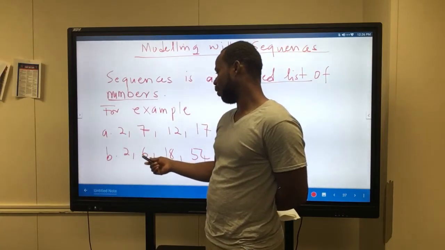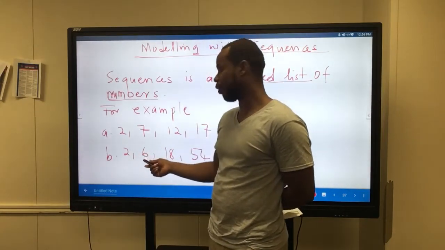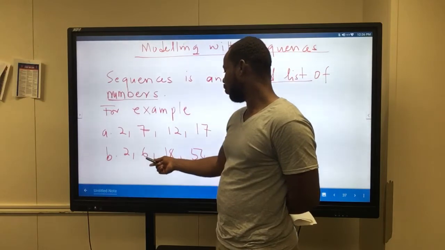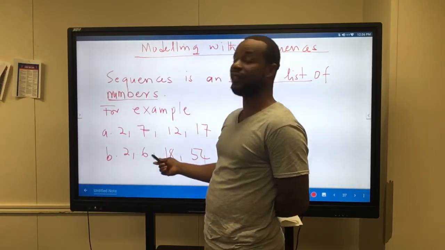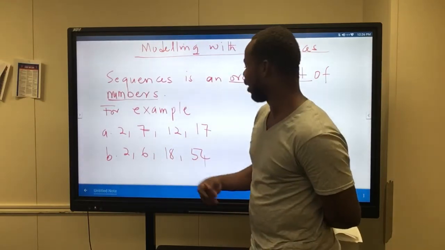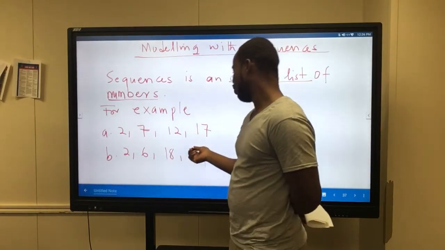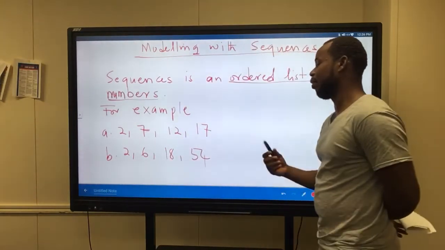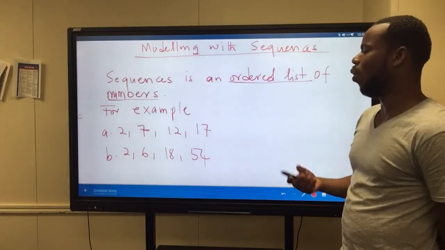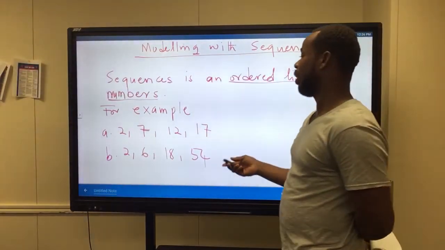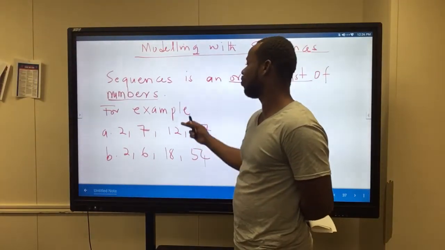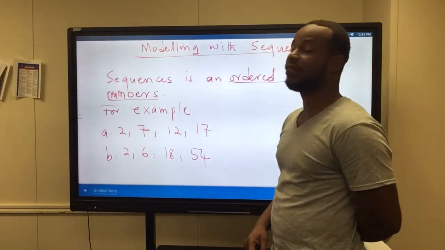However, from 2 to 6 is 4. You notice from 6 to 18 is 12. So you want to know what they are doing. Then 18 to 54 is 36. Those are two different kinds of sequences.